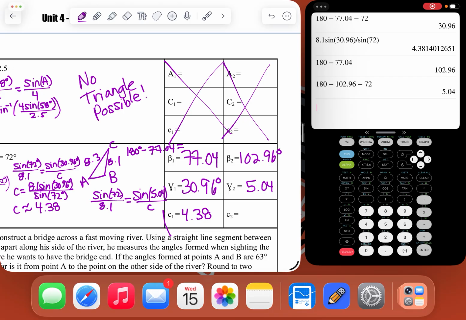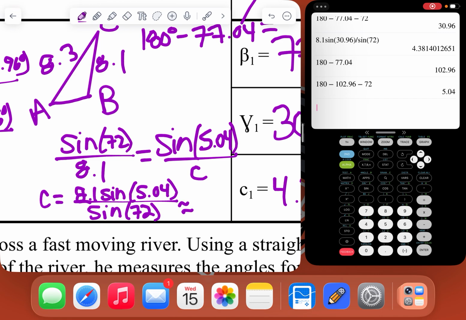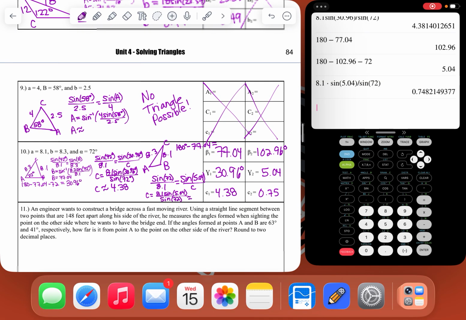And then we're looking for length of C. So C will equal 8.1 times the sine of 5.04 divided by the sine of 72. So we get approximately 0.75 for the length of C. So there's our two triangles.